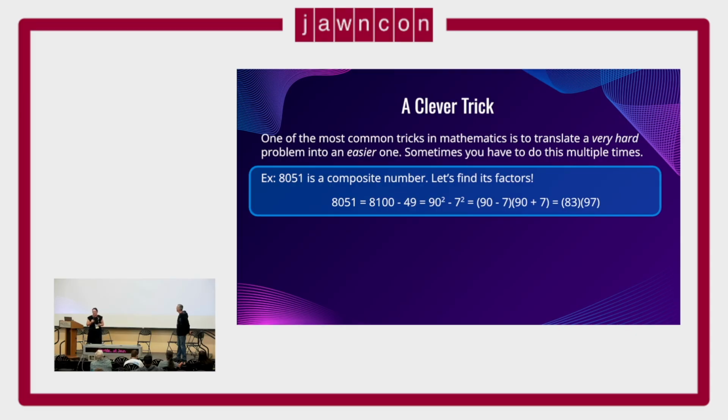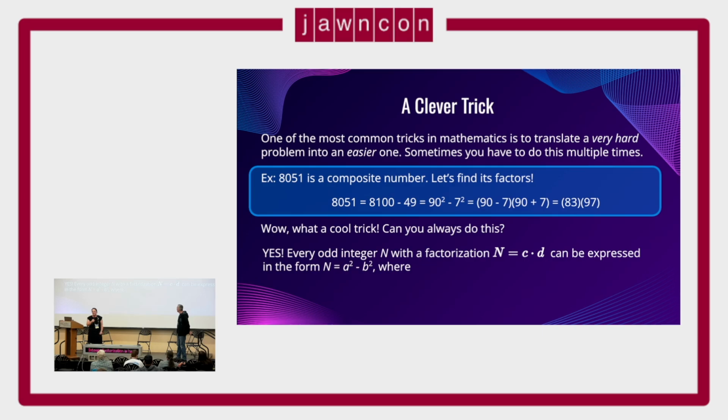Now, you might ask, wow, Jesse, that's a cool trick. Can you always do that? Turns out you can. If you have an odd integer with this factorization, you can always write it like this.